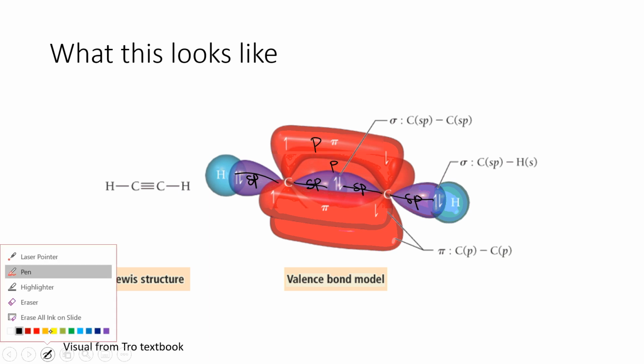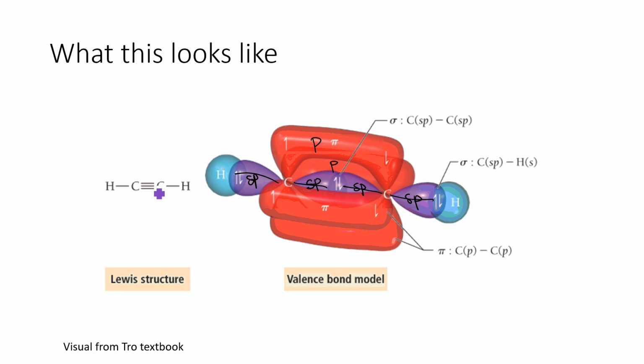So if you're looking over here at what's happening in this model, the purple ones are your sigma bonds. And then the second and the third bond there, those are pi bonds that are made from those unhybridized p orbitals. So that triple bond in the middle is made from 1 sigma and 2 pi bonds.